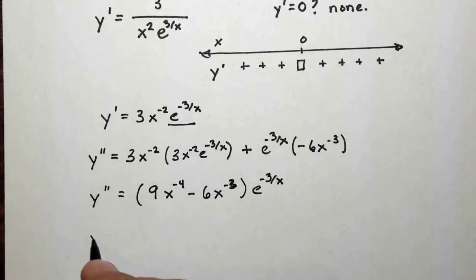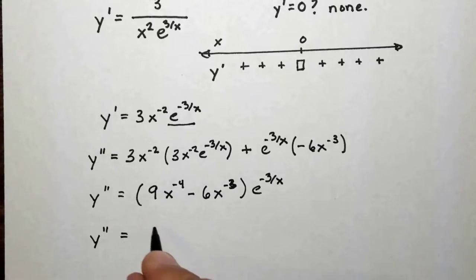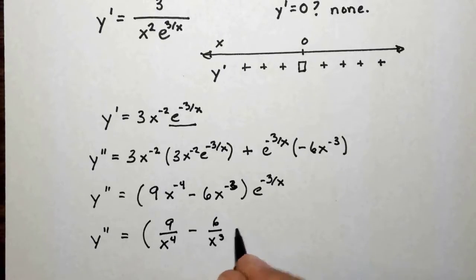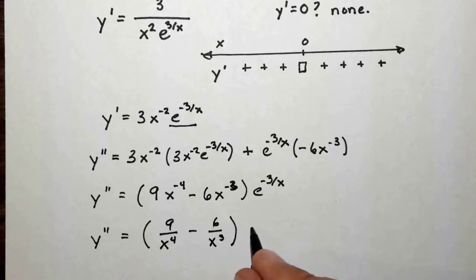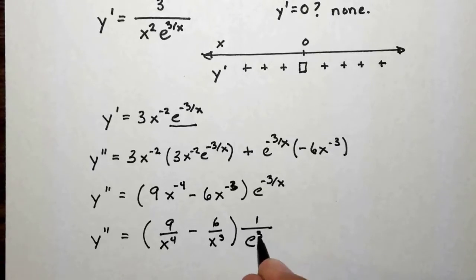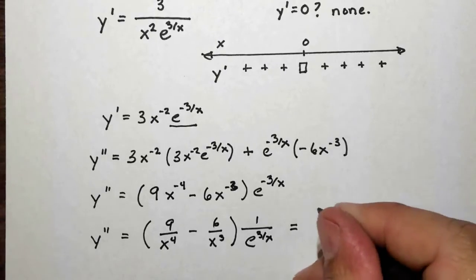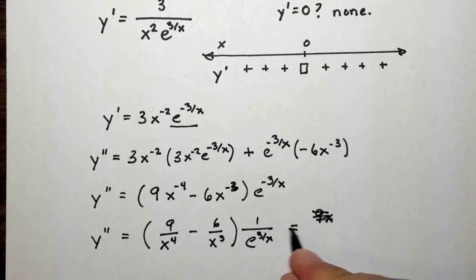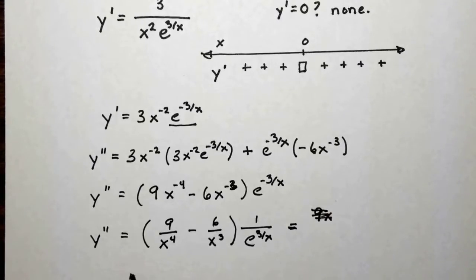Let's simplify this one more step. We'll get 9 divided by x to the 4th minus 6 divided by x cubed. And this is actually 1 over e to the 3 divided by x. A common denominator is going to be x to the 4th. So what I get here is, let me rewrite this below.